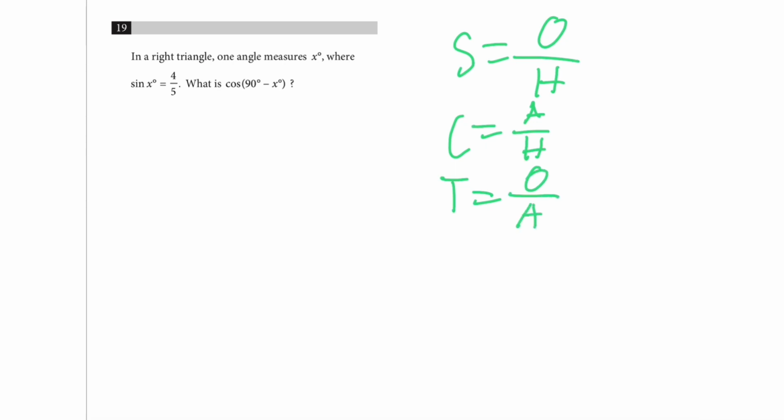So an easy way to remember this is there's this thing called SOHCAHTOA. It's spelled like this. It's a weird word, but if you just remember that word, it's the easiest way to remember it, because the S is for sine, and it's O opposite over hypotenuse, and so on and so forth.